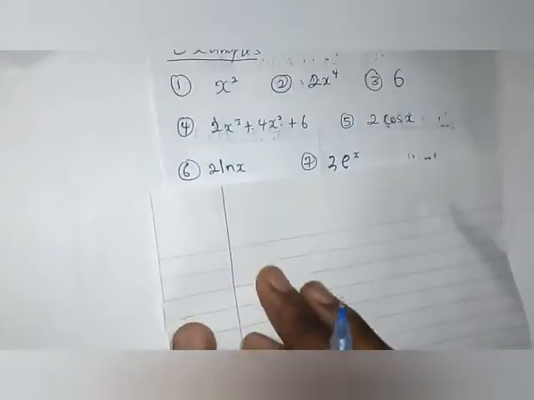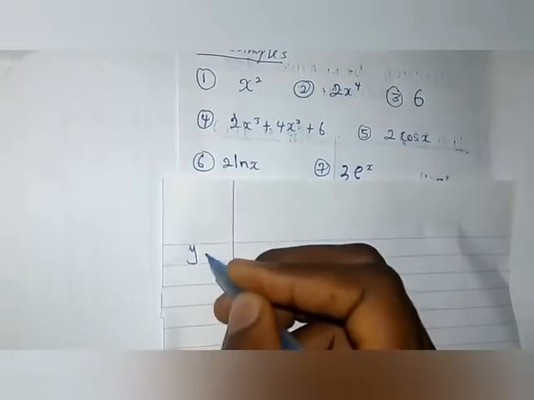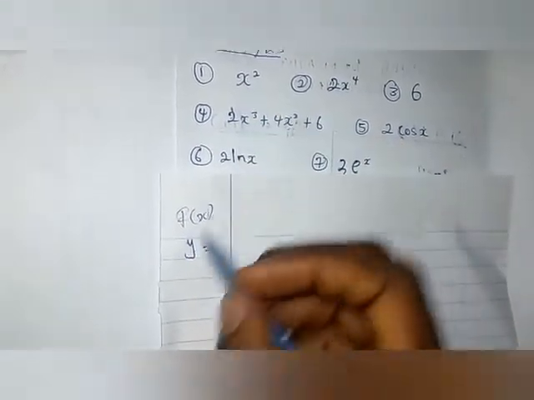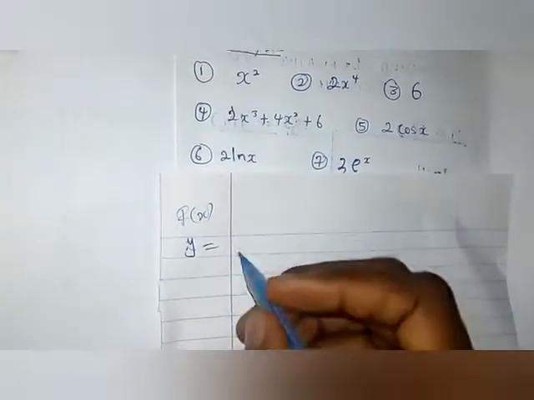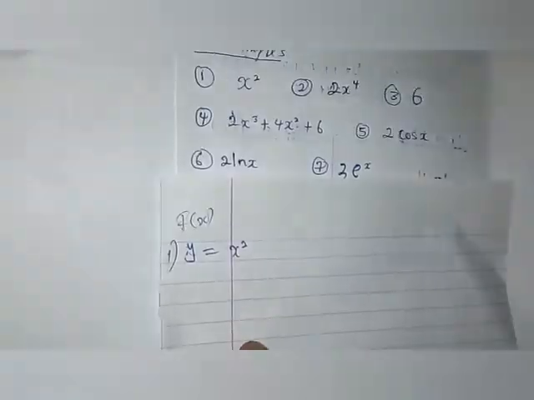I'll start with my first question. I'm given a function, let's call it y, or you may call it f. I'm using y here. y equals x squared. That's my first question.